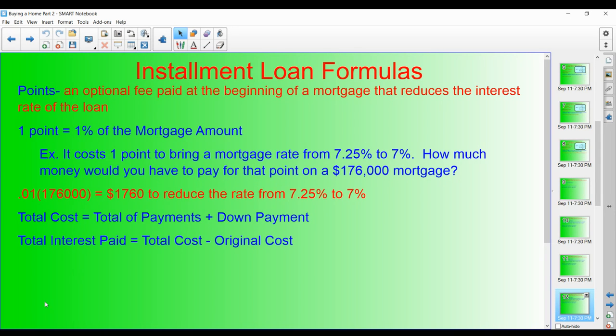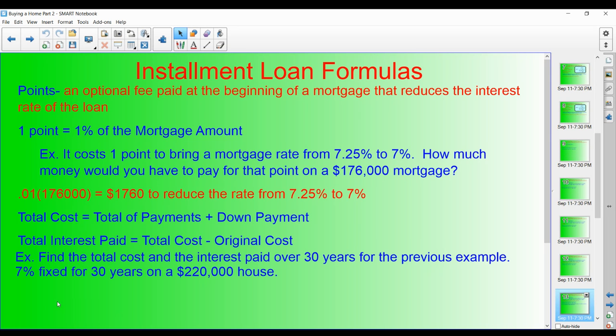Now to find the total cost of the loan, we need to figure out what all the payments we made were, plus the down payment, and then we can calculate the interest by figuring out how much extra we had to pay. So for the total cost, we paid the monthly payment 12 times per year for 30 years, and we also made the down payment.